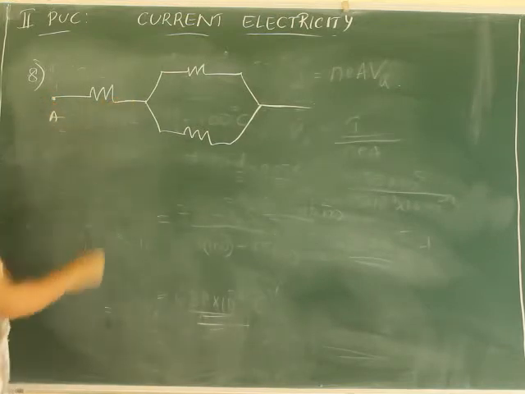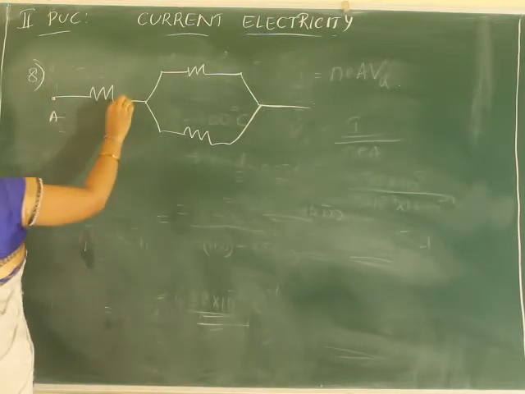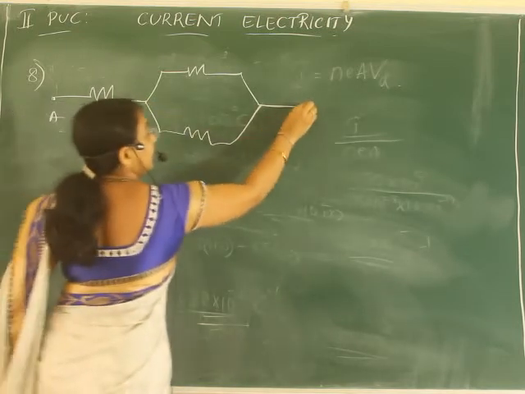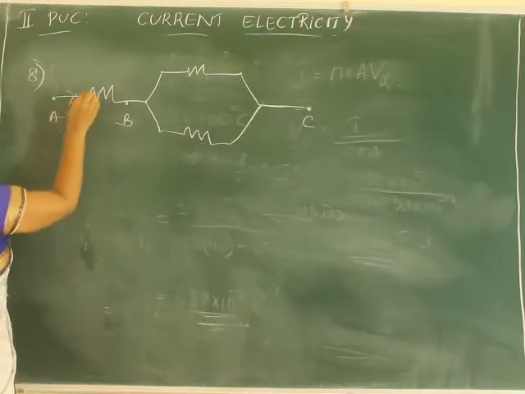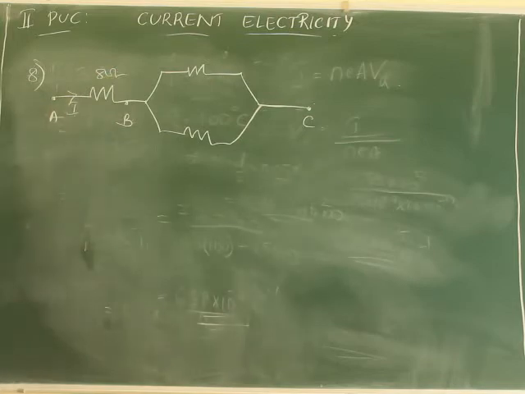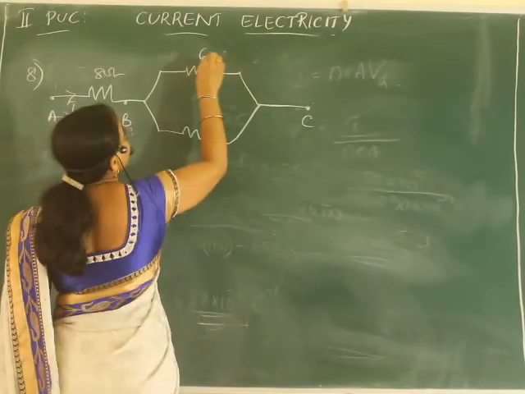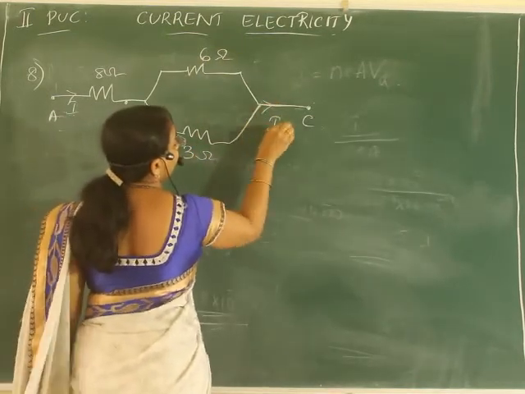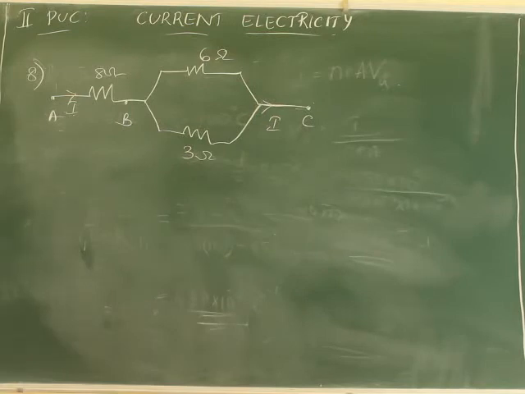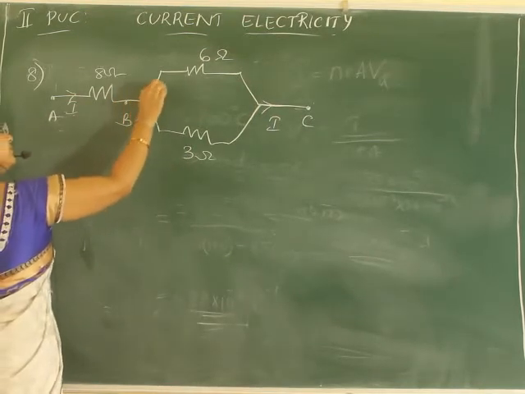A, then where is B? B and C. Okay. 8 ohm, 6, 3, I1 and I2.